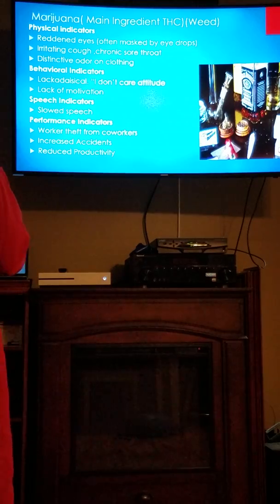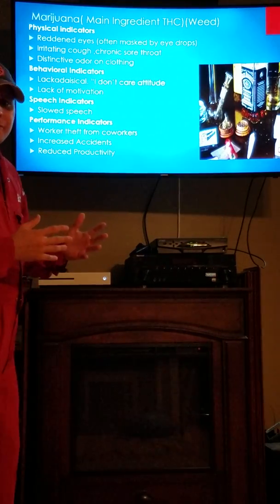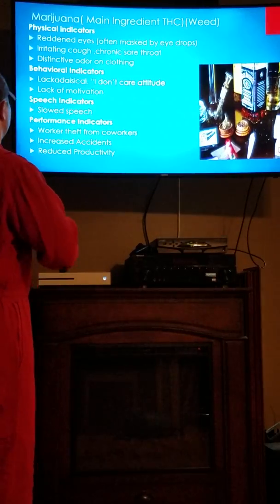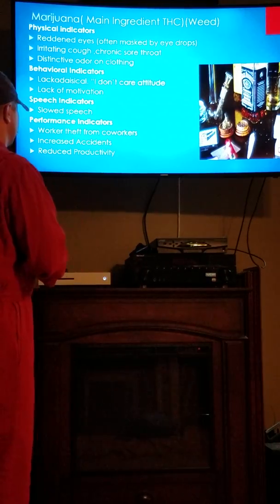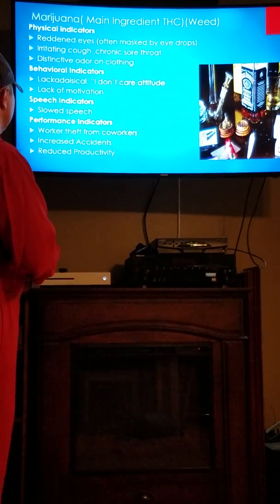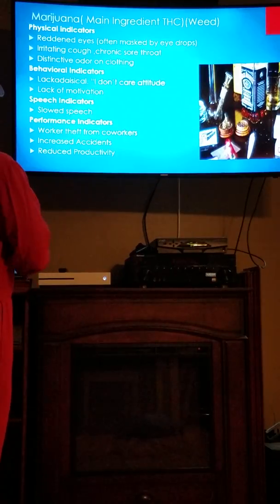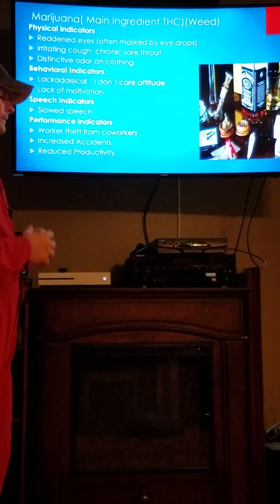Behavioral indicators: lackadaisical, I-don't-care attitude, lack of motivation. Speech indicators: slowed speech. Performance indicators: theft from coworkers, just out-of-character stuff. You may see some increased accidents with marijuana use, and reduced productivity.